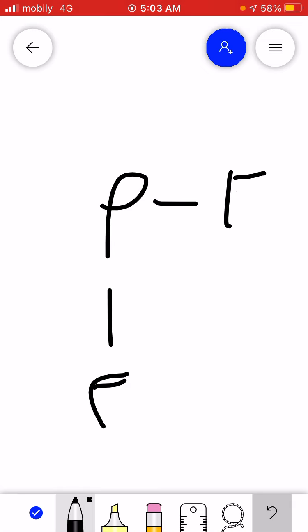What about the last shape we're talking about, the 5th shape, which is octahedral, such as SF6.